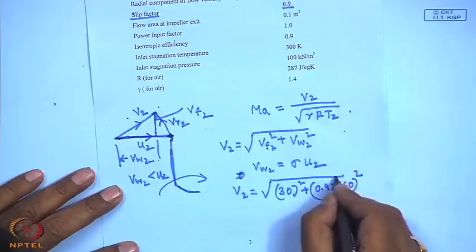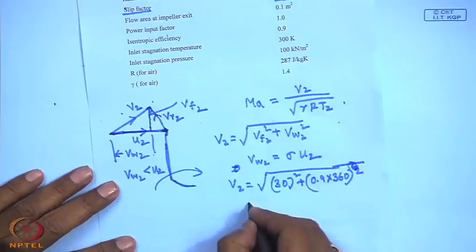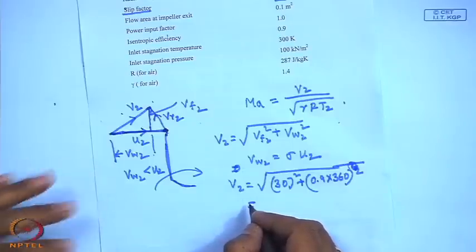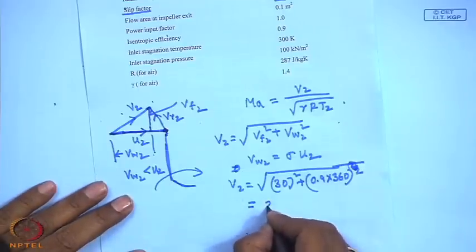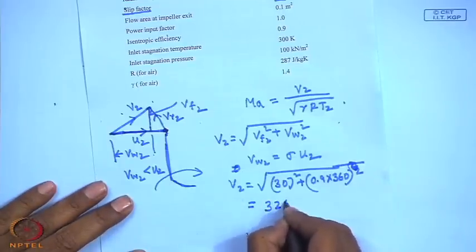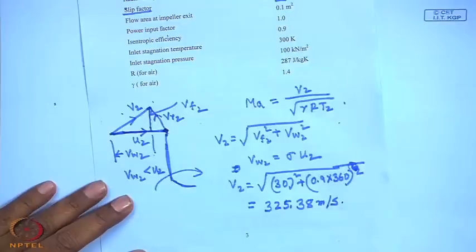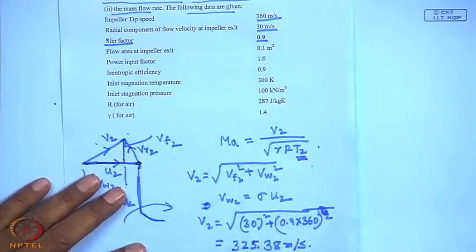I will not do all the calculations, but this way you will get the value of V2, which is 325.38 meter per second.